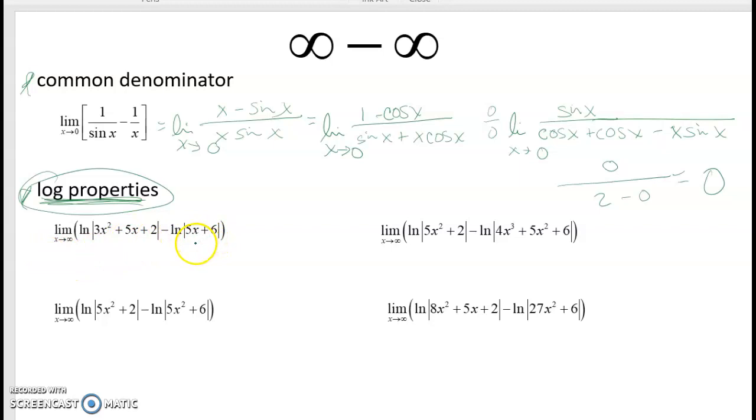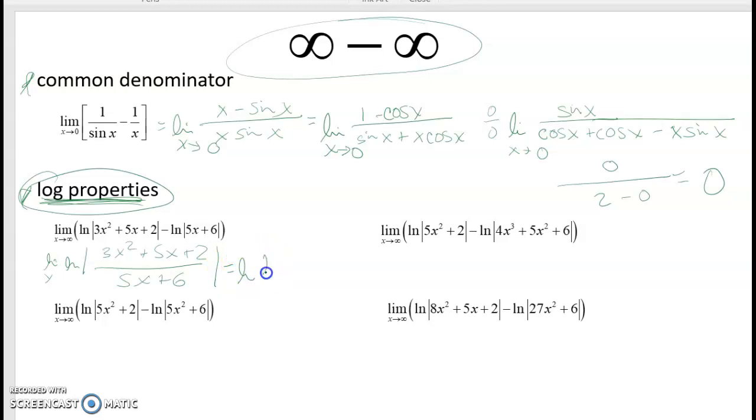Infinity minus infinity. But these infinities can be very different sizes, so we need to analyze them a little bit better. So instead, we need to look at the limit of ln of, log properties, 3x squared plus 5x plus 2 over 5x plus 6. The innards, as x goes to infinity, goes to 3/5 x, actually, if we want to keep track of it.